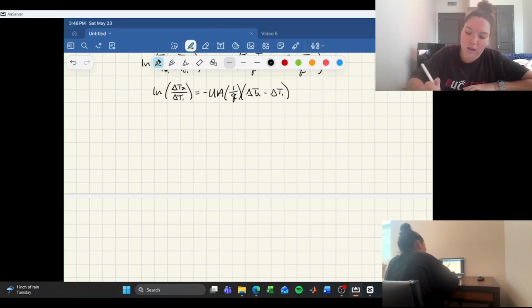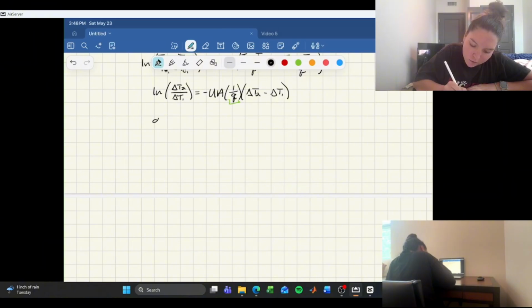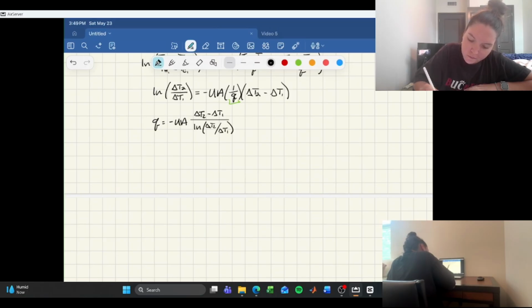Okay, so now we want to solve for Q. So the heat transfer is going to be equal to negative universal heat transfer coefficient times the area times the change in temperature of position 2 minus the change in temperature of position 1 divided by the natural log of the change in temperature of position 2 over the change in temperature of position 1.